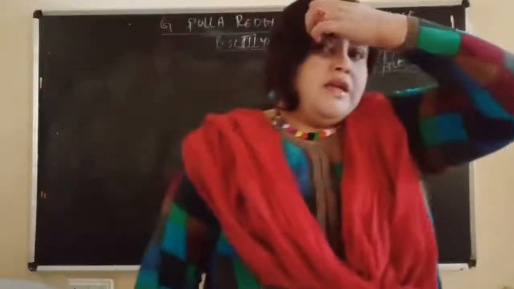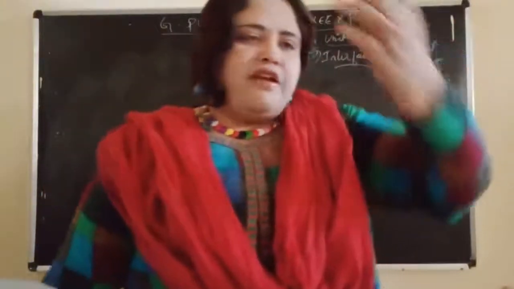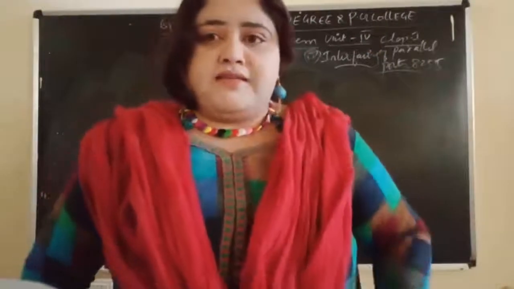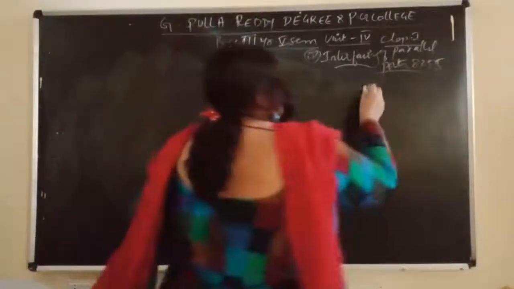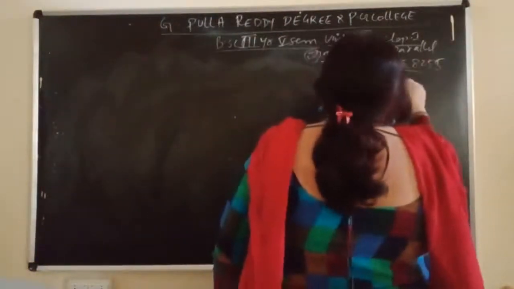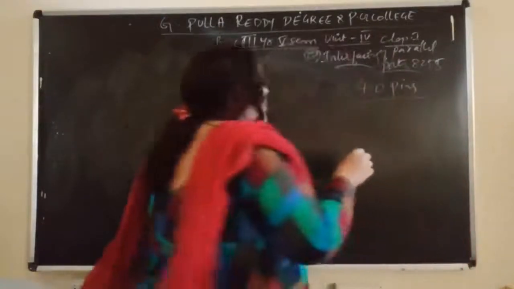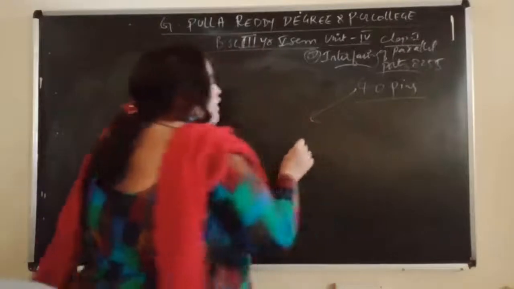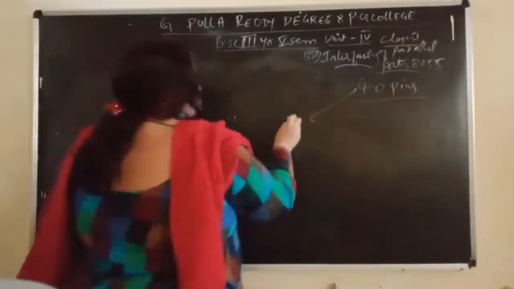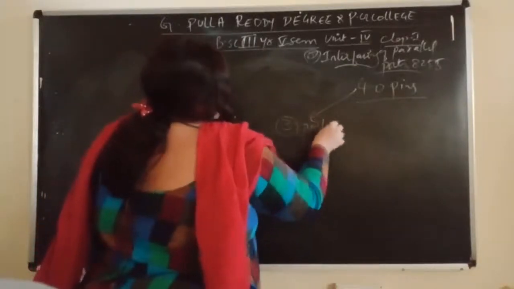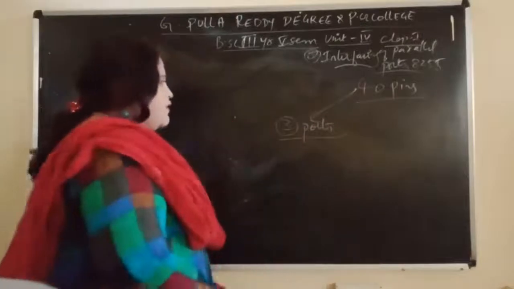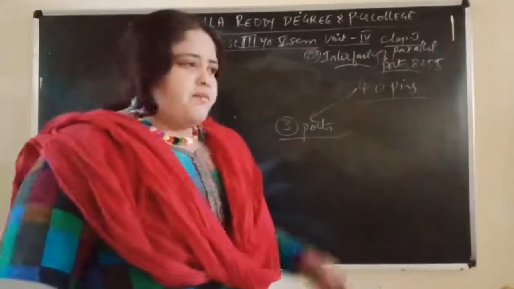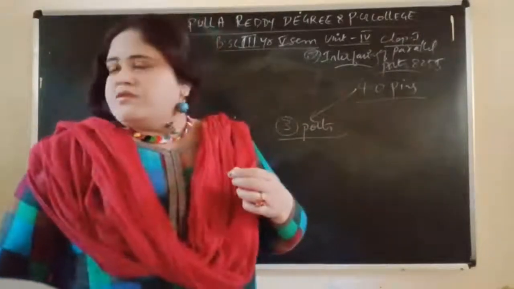Okay, now we will study about 8255. What is this 8255? How many pins does the IC have? Okay, it is a 40 pin IC. Out of these 40 pins, how many ports does it have? It has 3 ports.